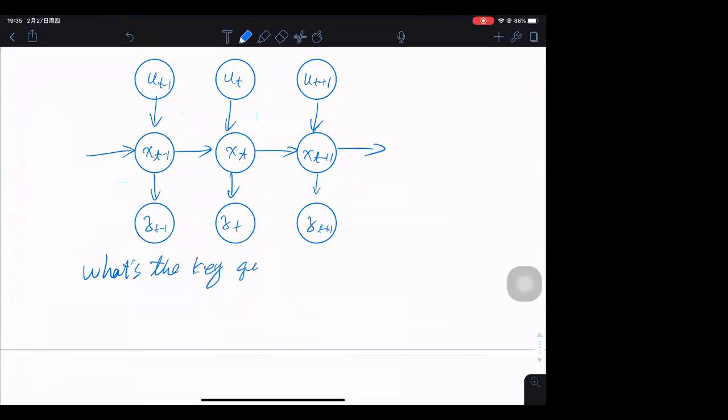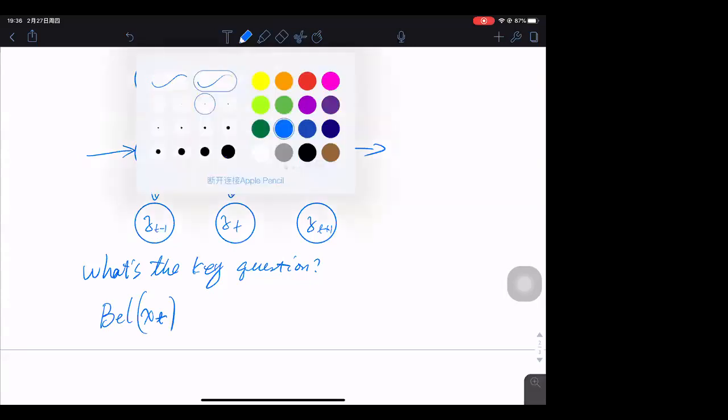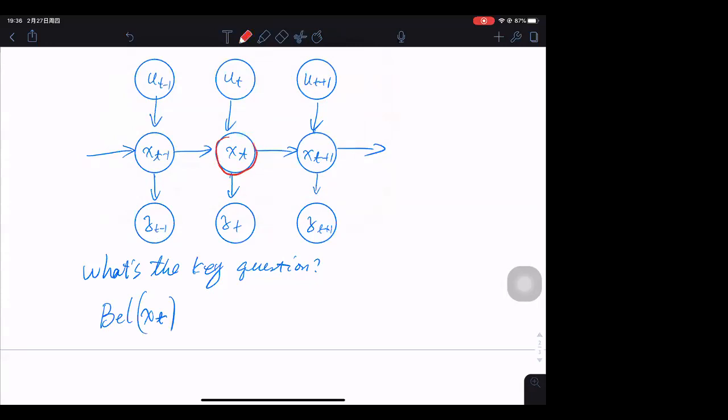What's the key question we want to solve? The key question we want to solve is about the state. You can solve other problems, but what we want to solve is our belief on x t. That means this one. This is the key problem we want to solve.